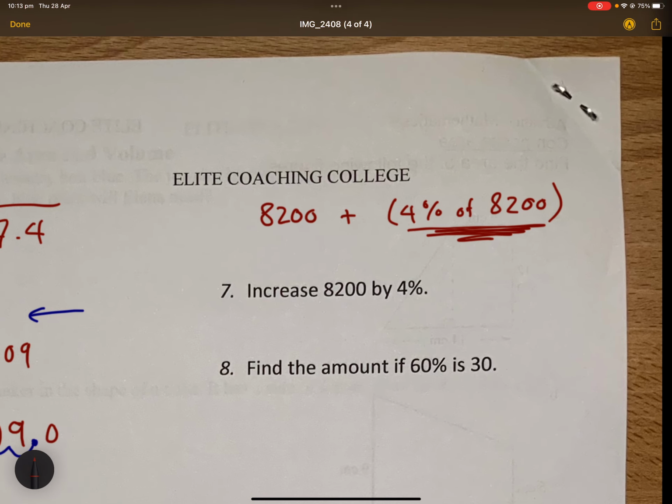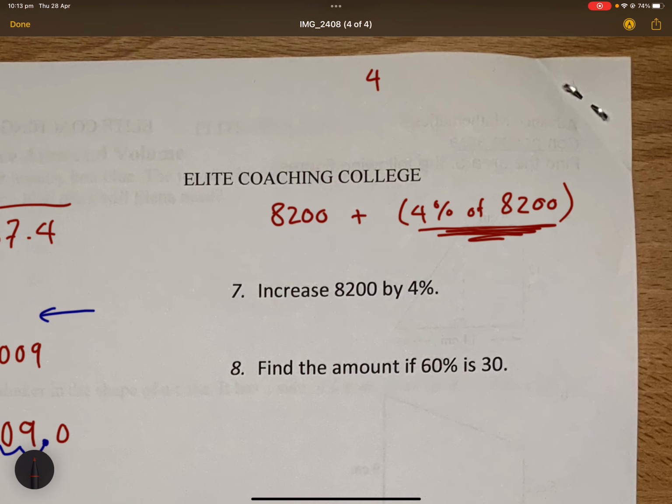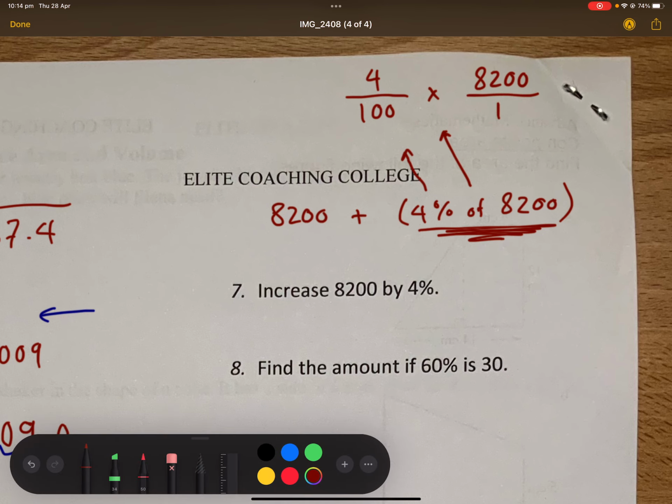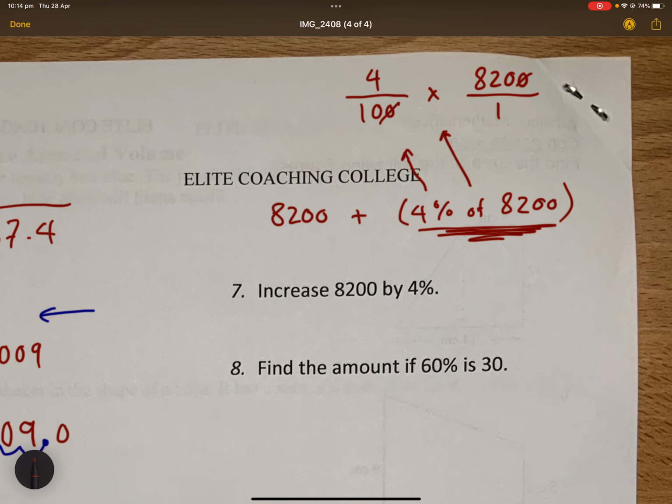So 4%. Let's change it into a fraction. 4 over 100. Any percentage into a fraction is just divided by 100. Of means times, and 8,200 is a whole number, so it must be over 1. Now we can cross out the zeros, so 1 from the top, 1 from the bottom, 1 from the top, 1 from the bottom.